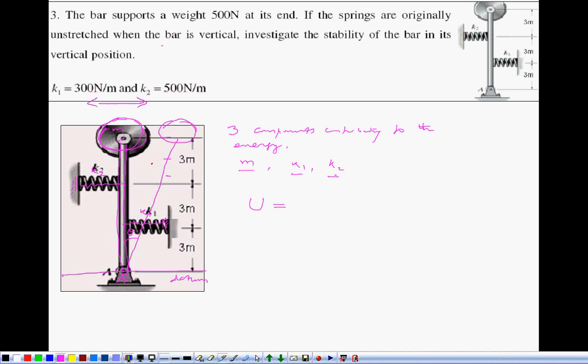Please remember we are only looking at verticality, and therefore this theta, for all practical purposes, is a position that we can assume.